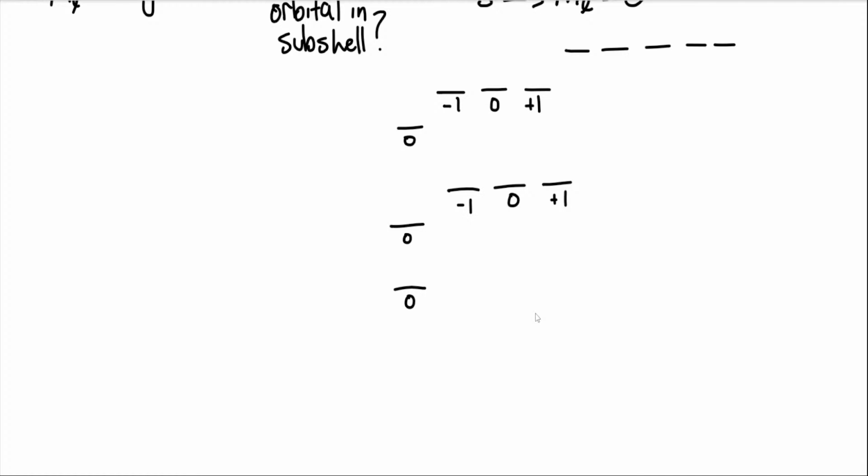Because this is the P subshell, the ML value is 0 and then plus or minus 1.